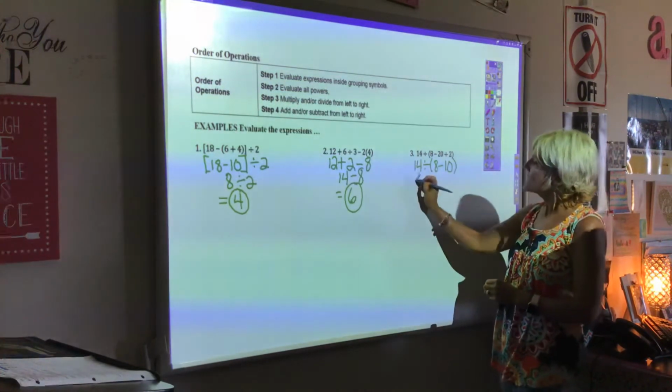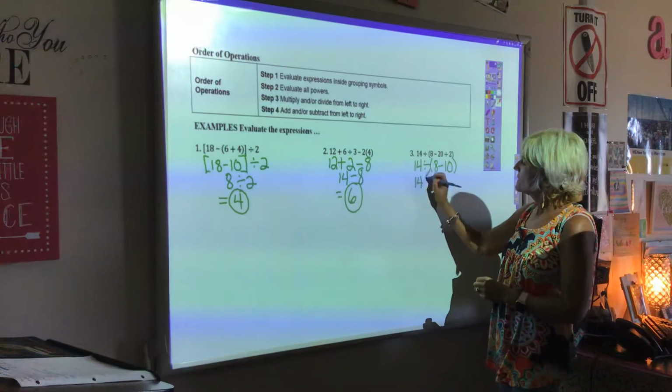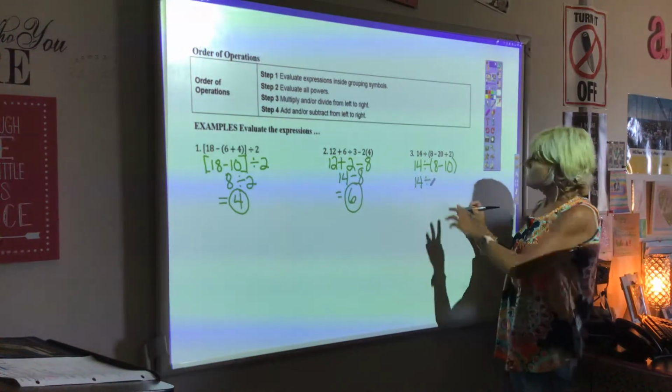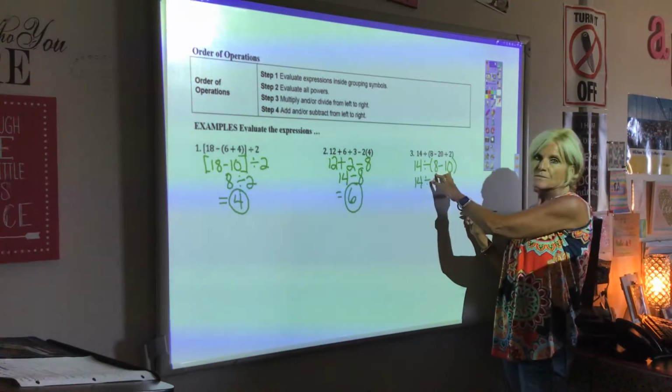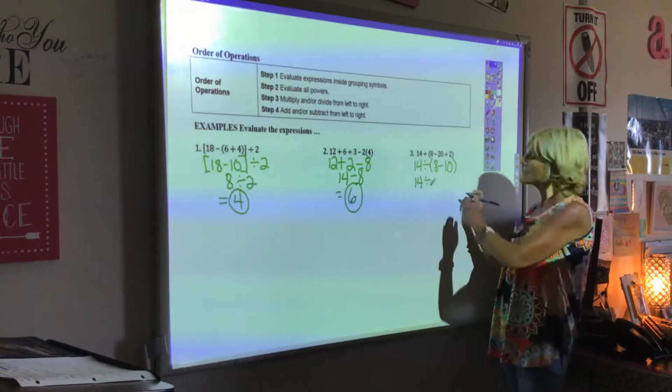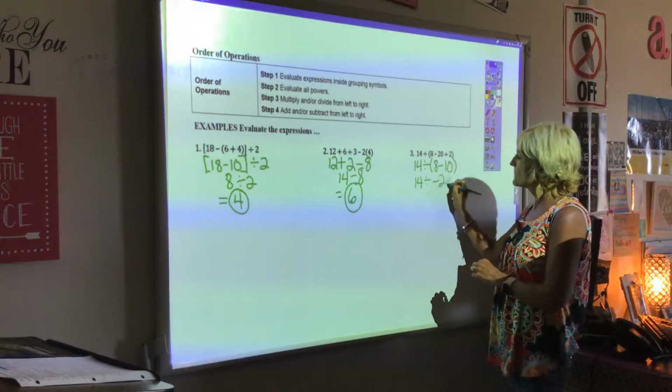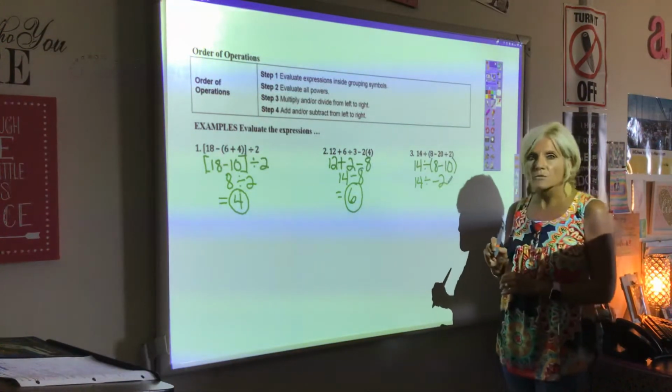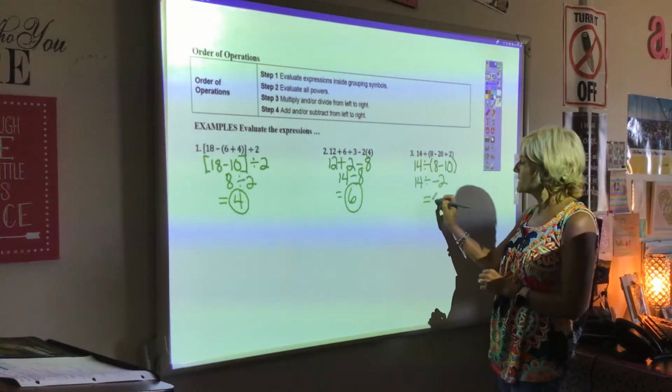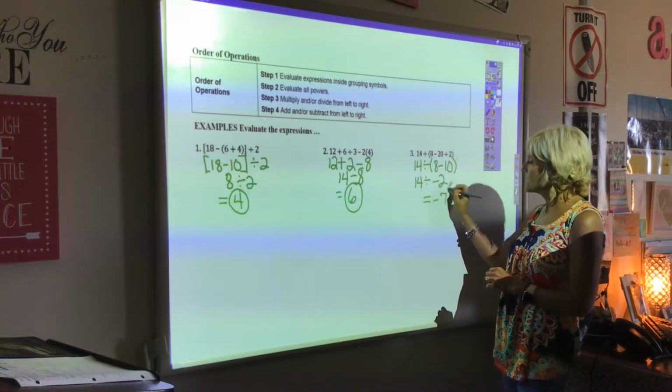Okay, carry down the first part, 14 divided by, then to remove the parenthesis, we're going to subtract 10 from 8, which will leave us a negative 2. Now we divide 14 by negative 2, and we have our answer of negative 7.